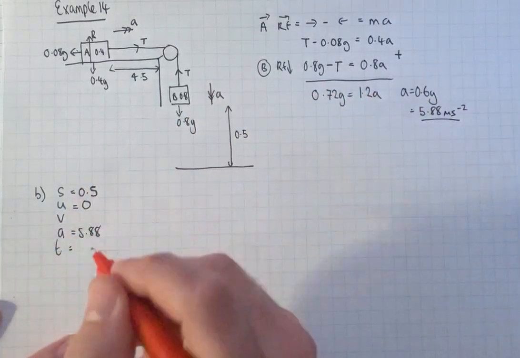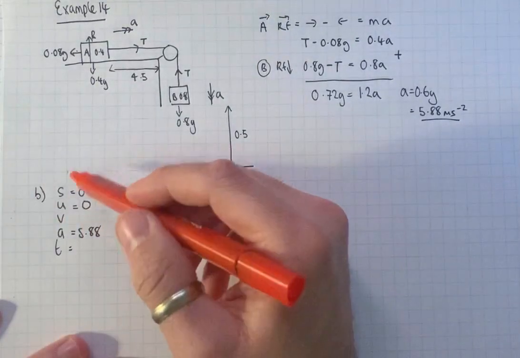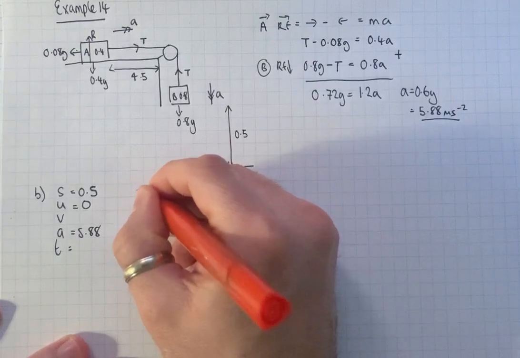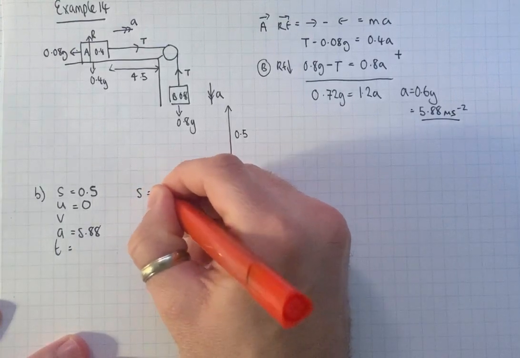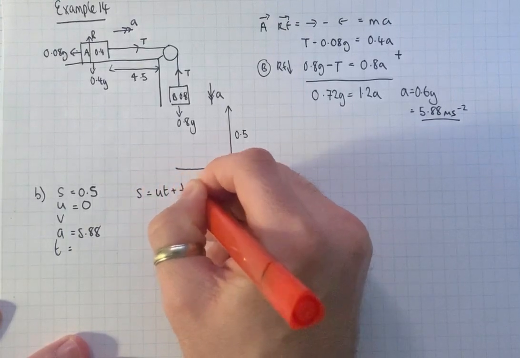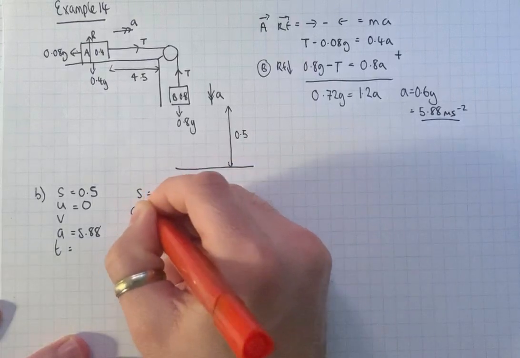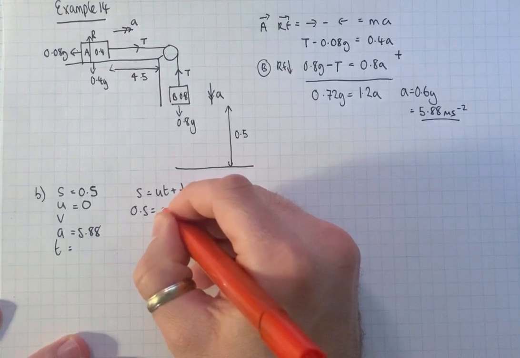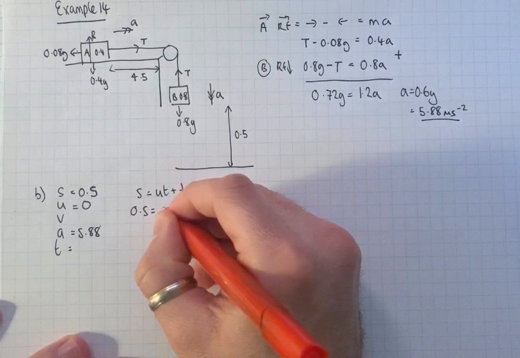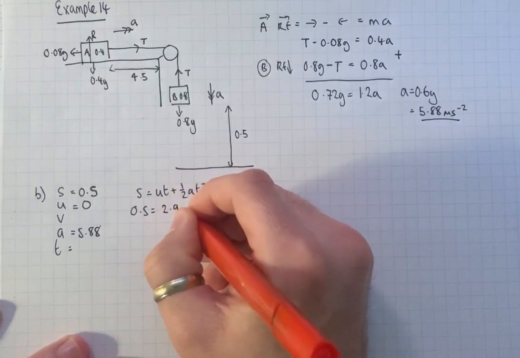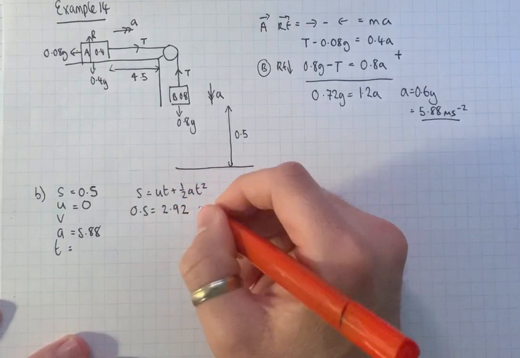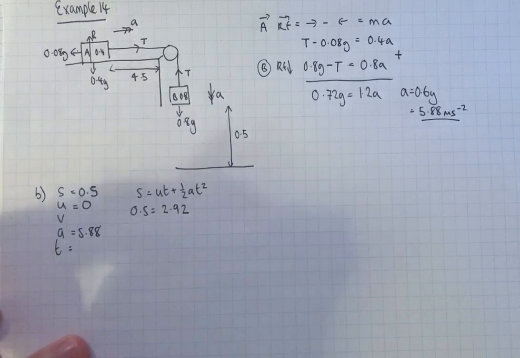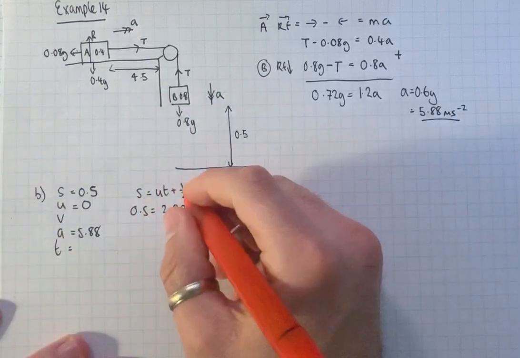Now I want time, so I need a formula that hooks up s, u, a and t. So it's s equals ut plus half at squared again. So 0.5 equals ut, which is going to be 0. So half a is 2.94.